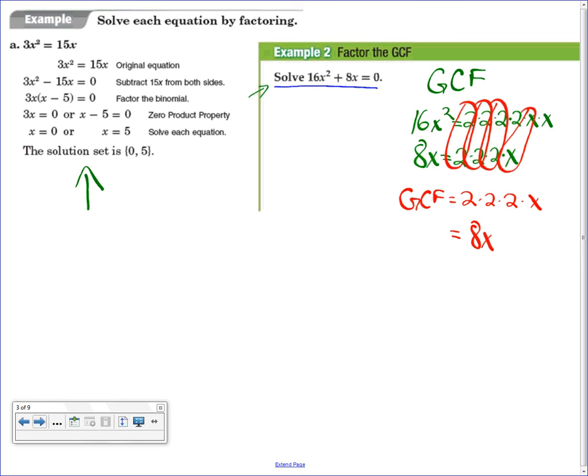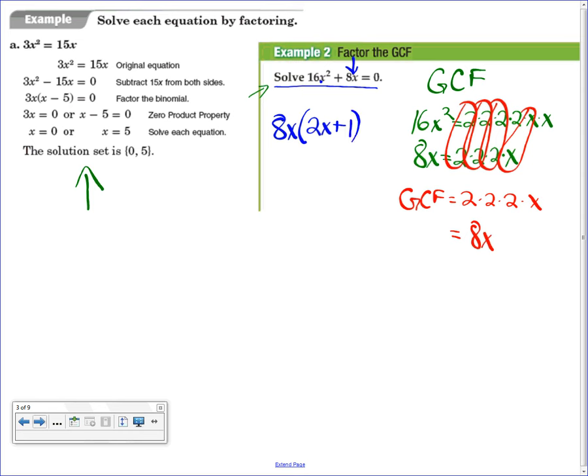So we're going to take 16x squared and divide it by 8x. 16 divided by 8 is 2. X squared divided by x is x. Next, we're going to factor out the 8x out of this 8x. Notice that's plus 8x, so I need a plus here. And 8x divided by 8x is 1.